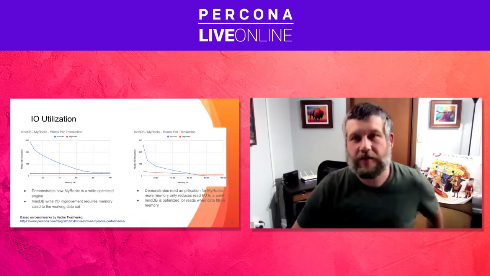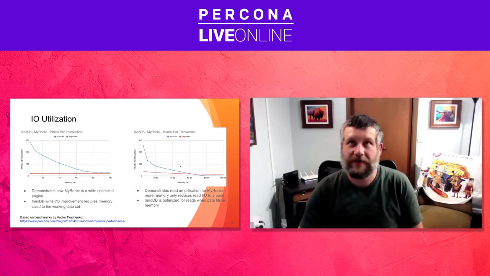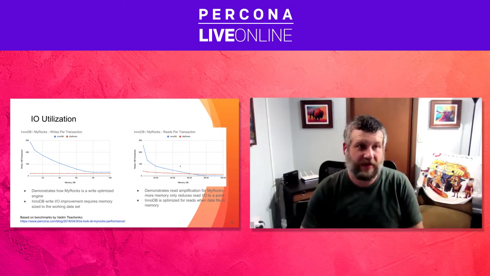Then we also talked about I/O utilization. So we talked about read amplification and write amplification. I mentioned both of those. On the graph on the left, we can see how InnoDB compared to MyRocks when we were doing the writes. MyRocks is always doing fewer kilobytes of writes, so fewer IOPS per transaction.